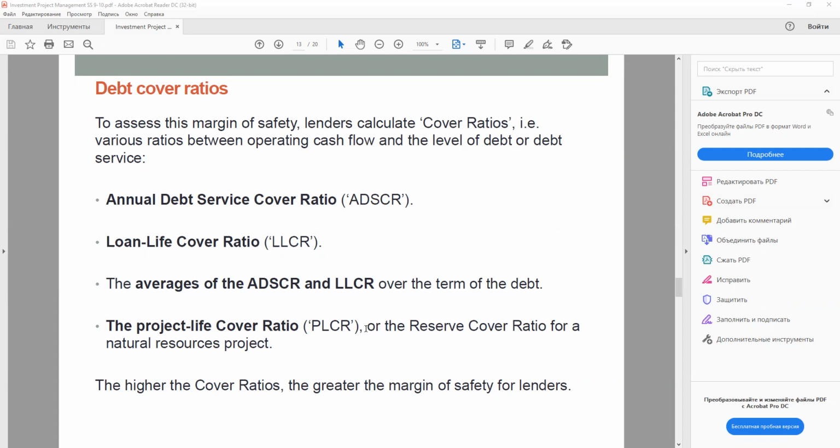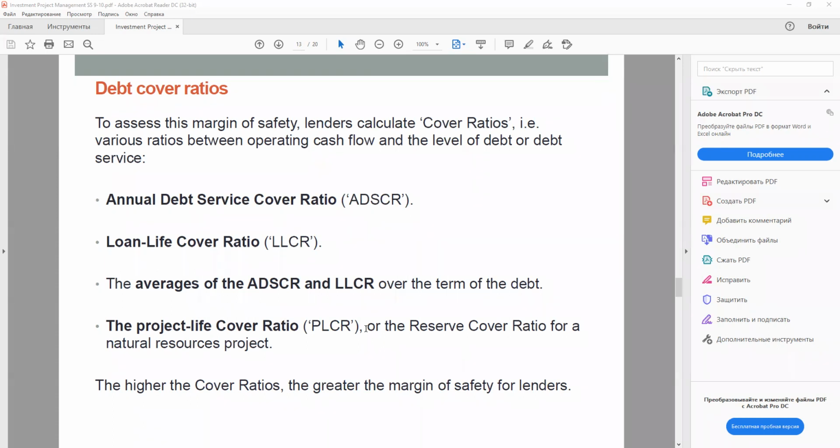To assess this margin of safety, lenders calculate cover ratios, that is, various ratios between operating cash flow and the level of debt or debt service, namely annual debt service cover ratio, ADSCR, loan life cover ratio, LLCR, the averages of the ADSCR and LLCR over the term of the debt, and the project life cover ratio, PLCR, or the reserve cover ratio for the natural resource projects.